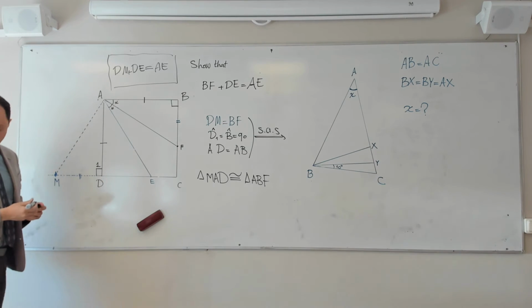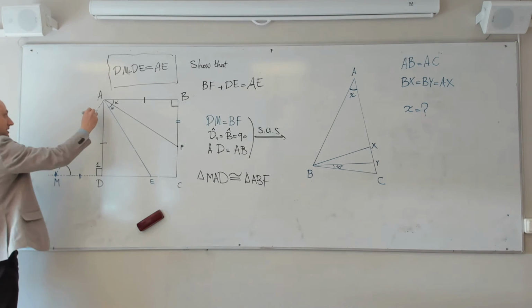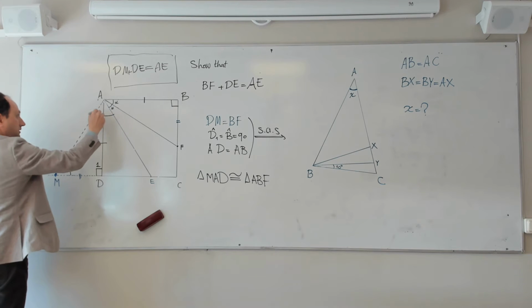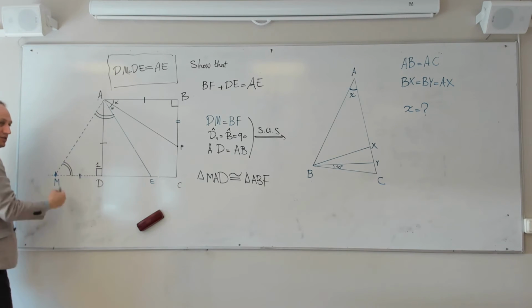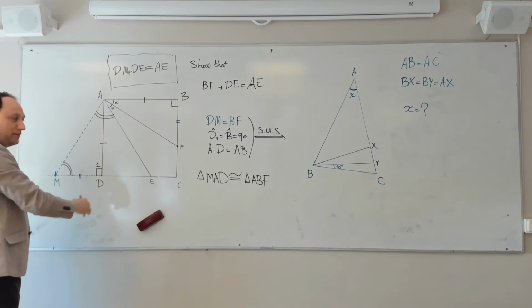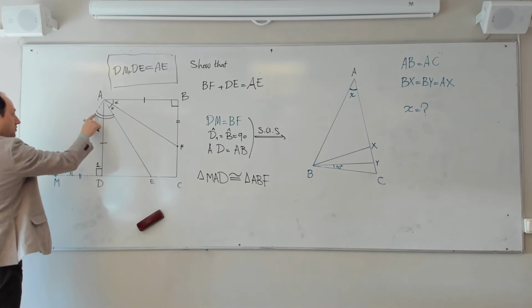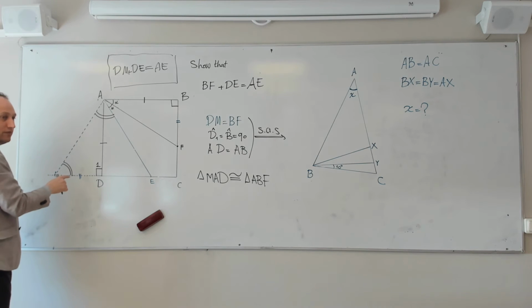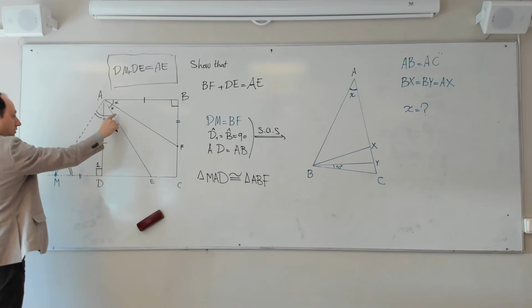So if I want to show that this is an isosceles triangle, I need to work on this angle and this angle. Okay, so I think you see that I am transferring the problem into another problem, so that suddenly I can solve the problem. So I am trying to concentrate on this angle and see if I can convince myself that this angle is indeed equal to that angle.